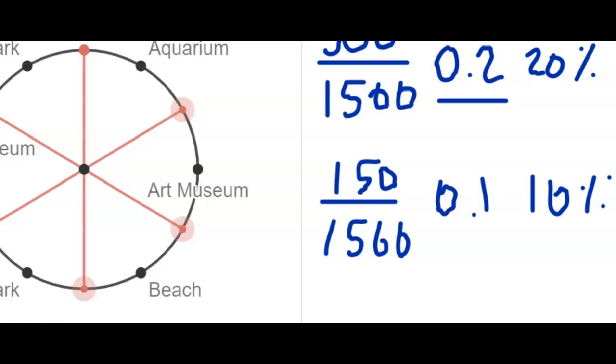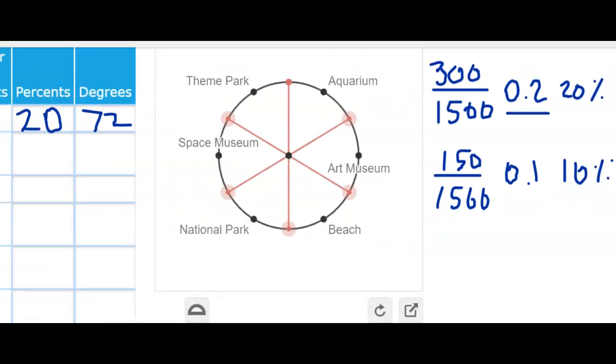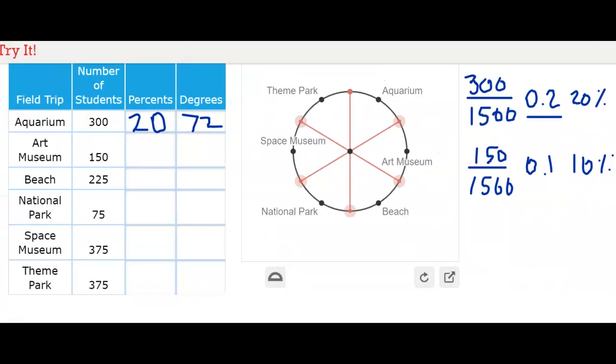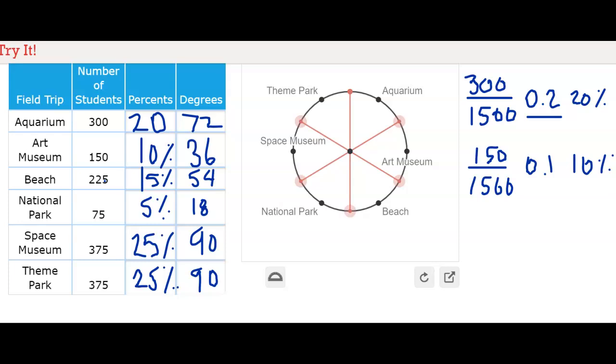And then you write that into the chart, and then you take the decimal 0.1 and multiply that by 360, and then you're going to get your answer for degrees, and that is 36. So you would follow those same steps for each one. Here are the rest of the percents and the rest of the degrees following the same steps that we did before.